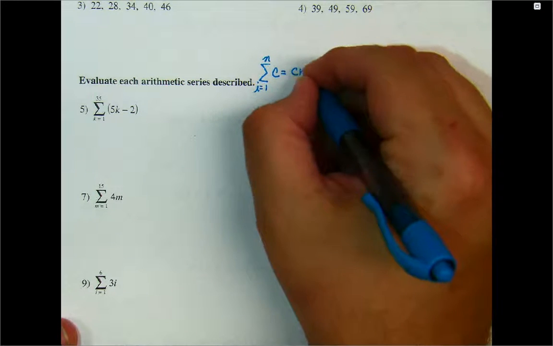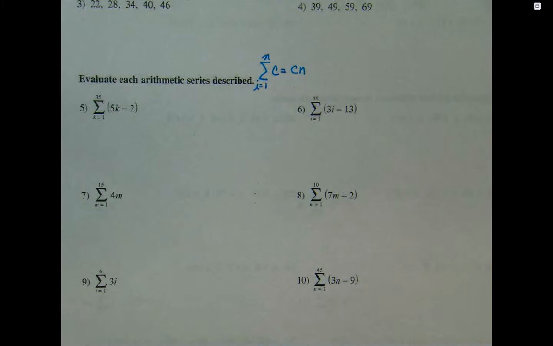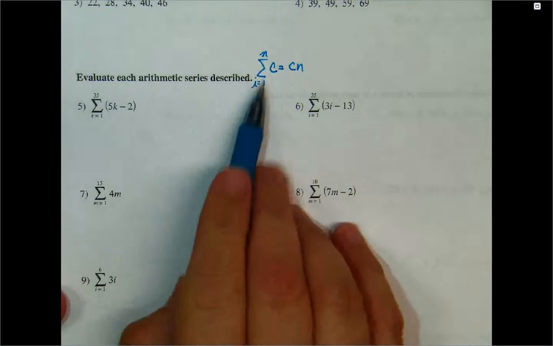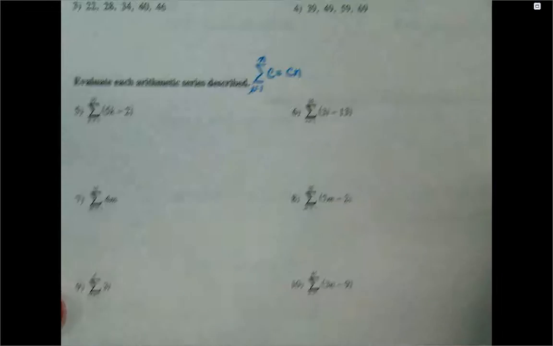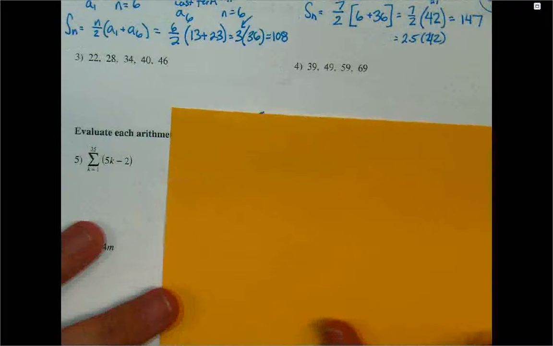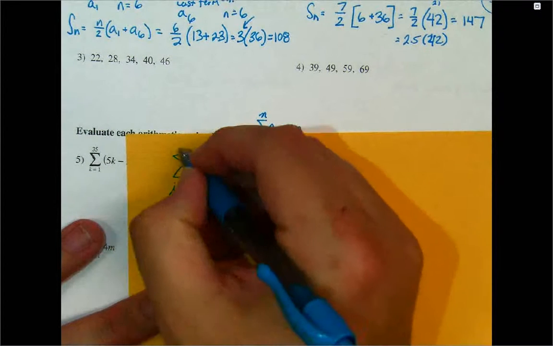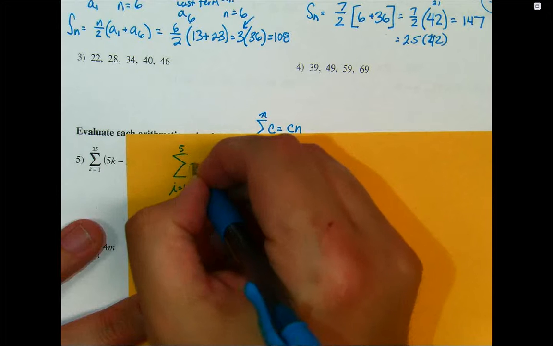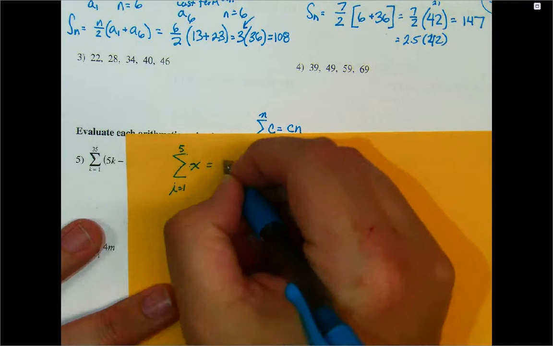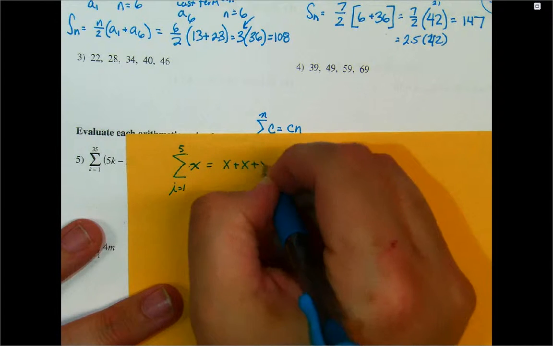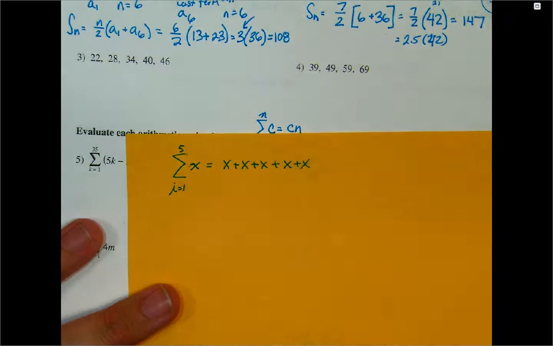Now, if c is just a constant number of some kind, if I'm going to take a summation from 1 to n, if it was like from 1 to 5, like this, if it said I'm going to take i equals 1 to 5 of x, this means x plus x plus x plus x plus x, which is equal to 5x.